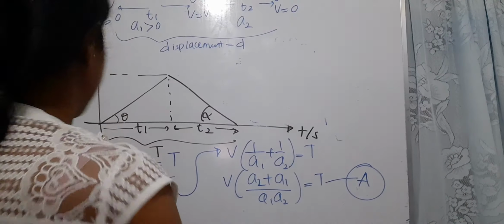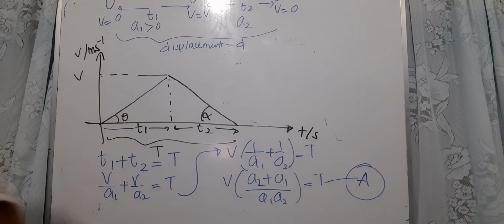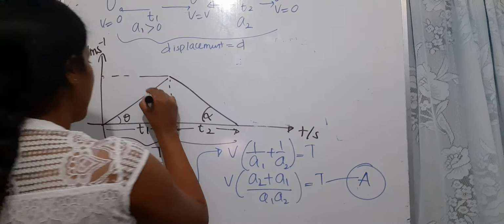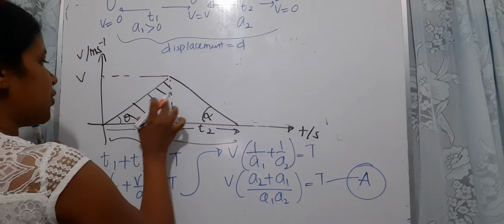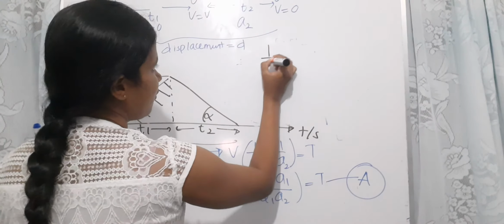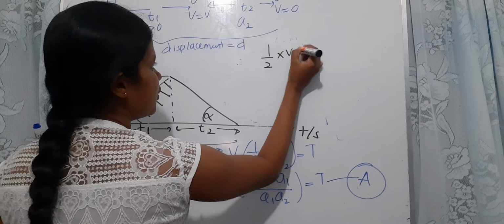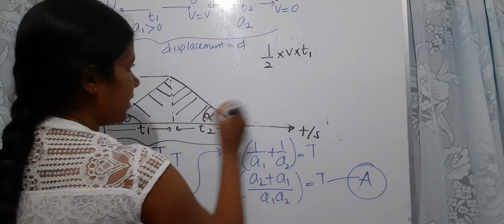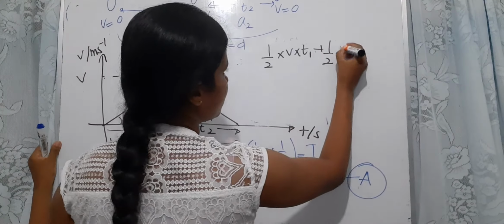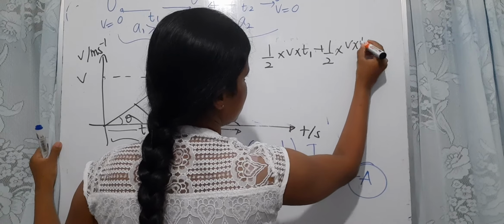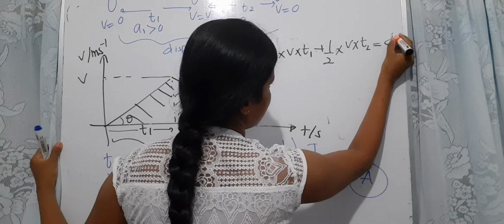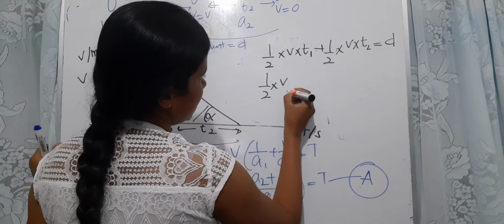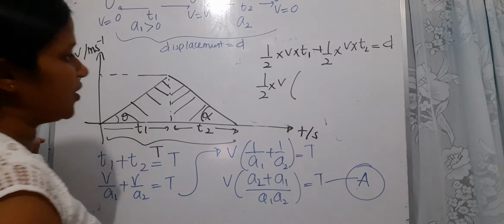Then there's another clue. It is displacement, total displacement. How do we find the total displacement? First you have to find this part, half into V into T1, then this part plus half into V into T2 equals D. Then half is common, V is common, then T1 and T2.